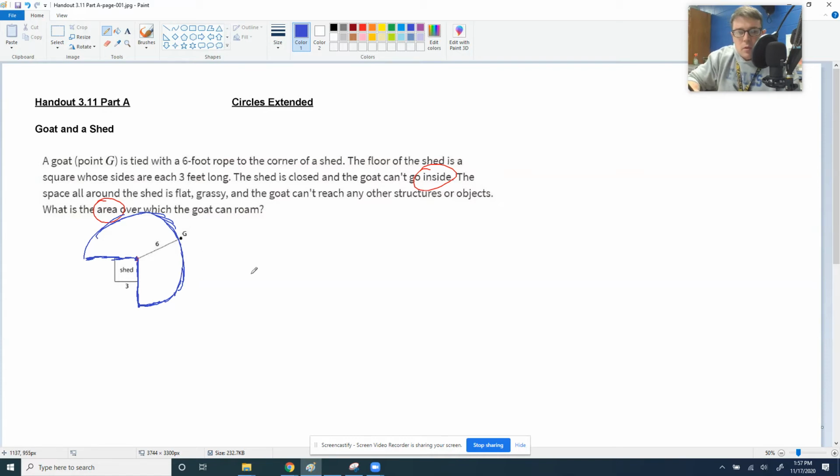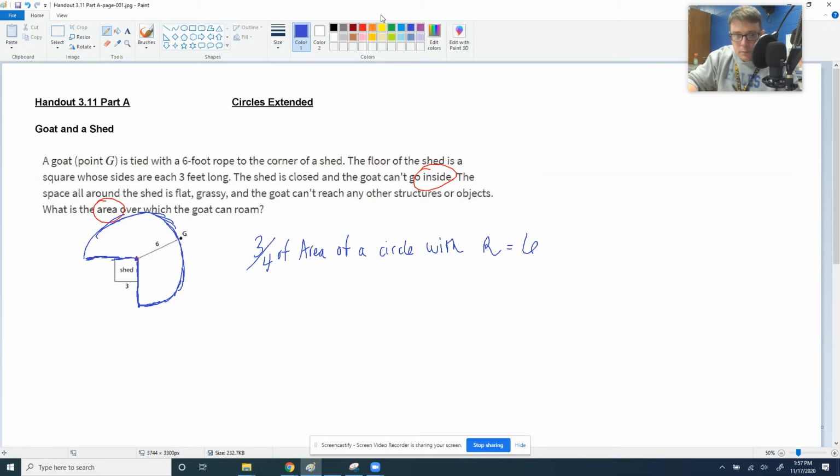All right. So the first thing that I'm going to write down is that 3/4 of the area of a circle with radius equal to 6. You see that? I've got a circle that has a radius of 6, and it's only 3/4 of the area because the shed is blocking us off.